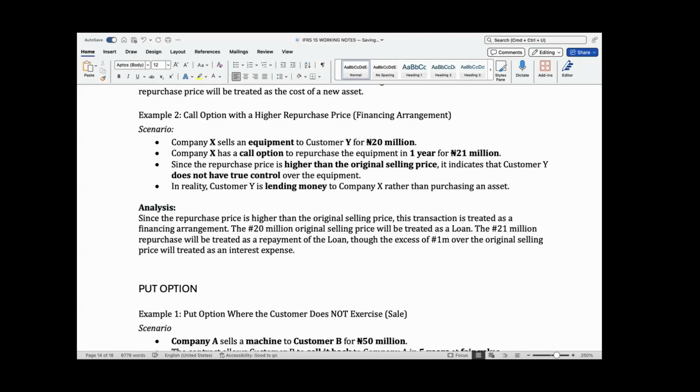And the third scenario is where the seller must repurchase if requested by the buyer, which is a put option.